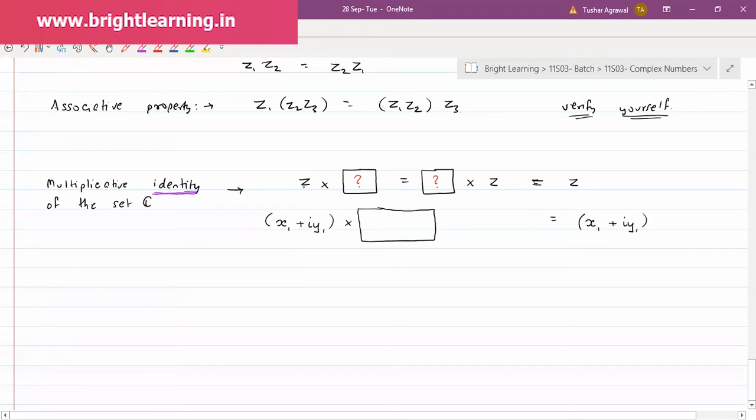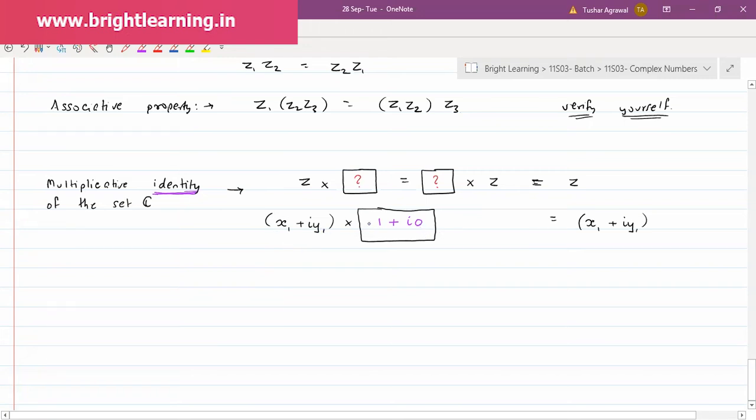Just by observation, I think it is nothing difficult to observe that. A general feeling is, sir, give a trial and error. So try 1 plus I times 0. Try what happens after multiplication. x1 multiplied by 1 will be x1. I times y1 multiplied by 0 will be 0.